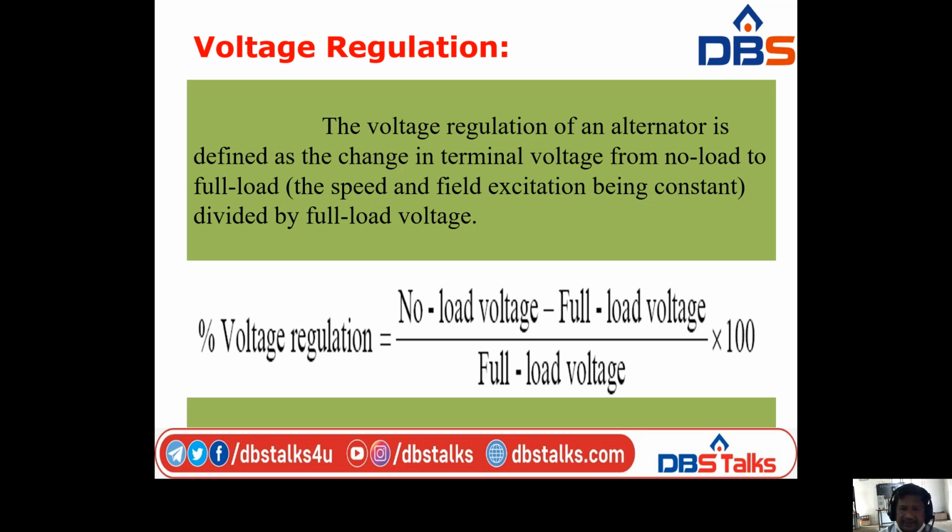Otherwise, it is defined as the ratio of change in terminal voltage from no load to full load, expressed as a fraction of full load voltage. Here, the speed and field excitation are constant. So percentage voltage regulation is equal to no load voltage minus full load voltage, divided by full load voltage, into 100.